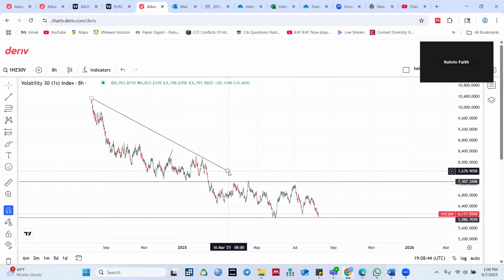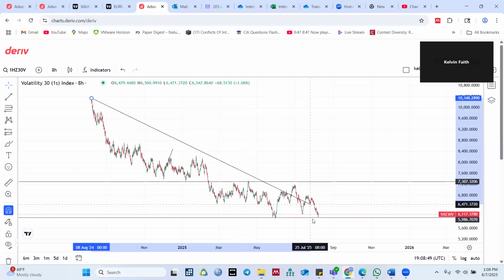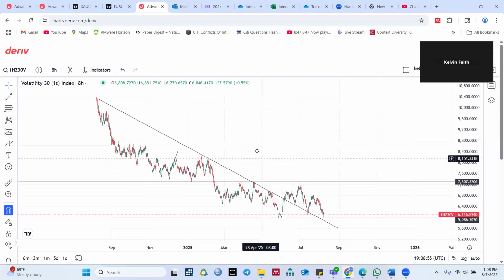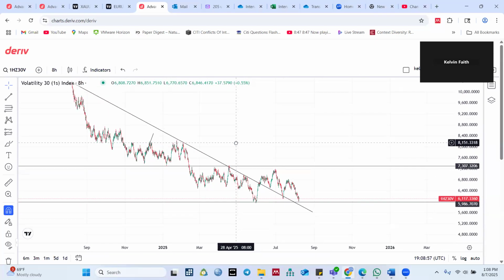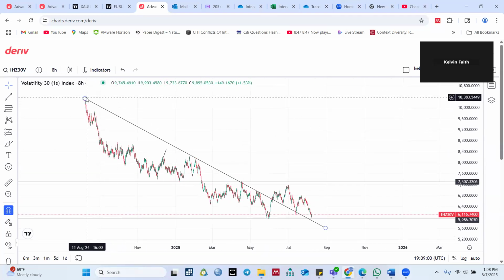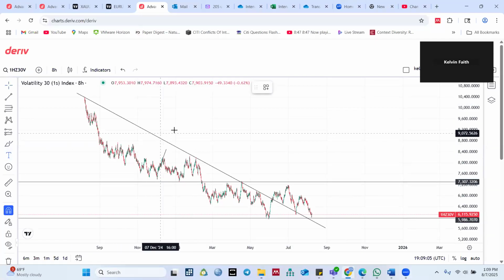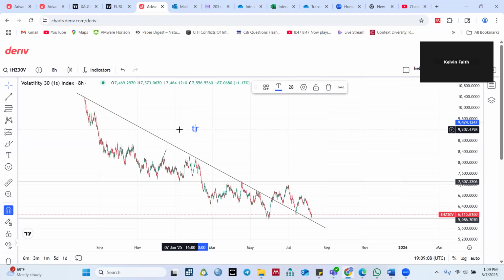And if you don't know how to draw trend lines, trend lines help a lot. A trend line is a diagonal line that we can draw to guide and guard the flow of price action.